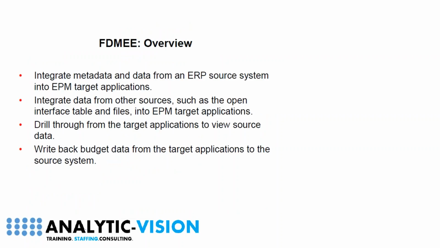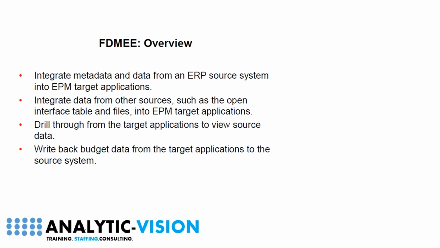Okay, so if someone asks you why you bought FDMEE, or why your management decided that FDMEE is a great product, one of the reasons people would use FDMEE is to integrate metadata and data from an ERP source to our EPM target system. That is one of the main reasons.